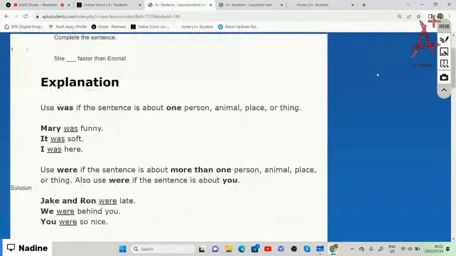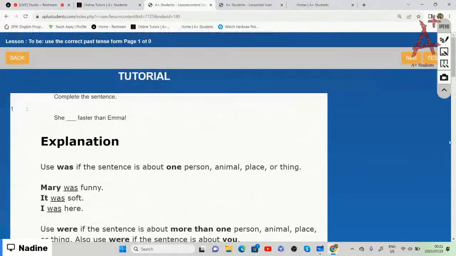All right, we're now going to complete the sentence. She was faster than Emma, or she were faster than Emma.